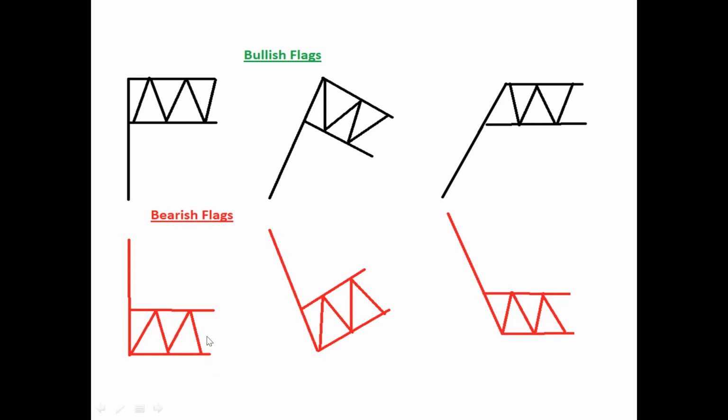Some people set this length as the target, some set this pole height as the target on this side. So this is the bearish flag. Again, it has these variations. On real charts we may not have this picture perfect bearish flag, we may have a flag like this or like this.